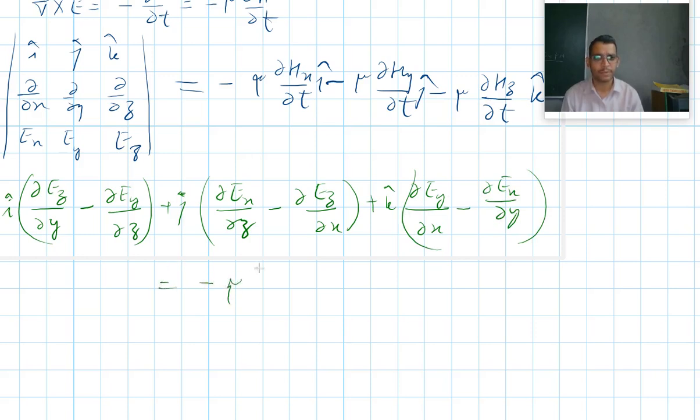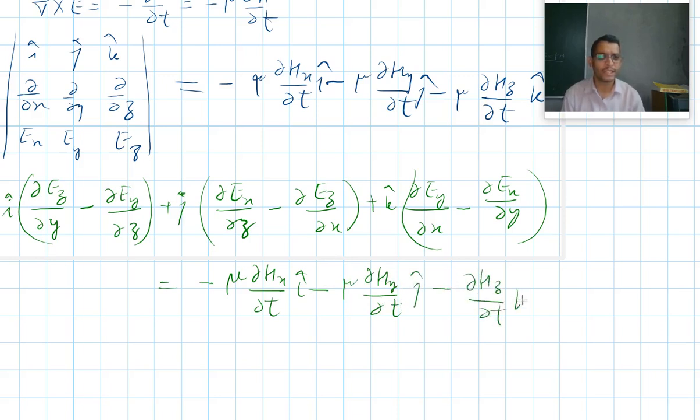So it is minus mu curly Hx over curly t i cap minus mu curly Hy by curly t j cap minus mu curly Hz over curly t k cap. That's what I am getting. So that means this part is equal to this one, and this part is equal to this one, and this is equal to this one.